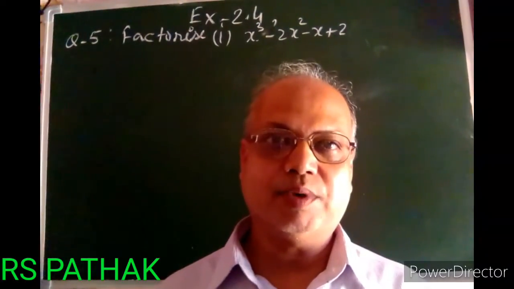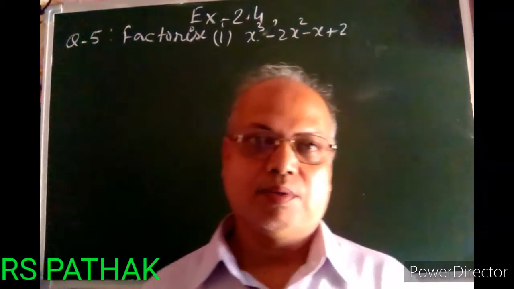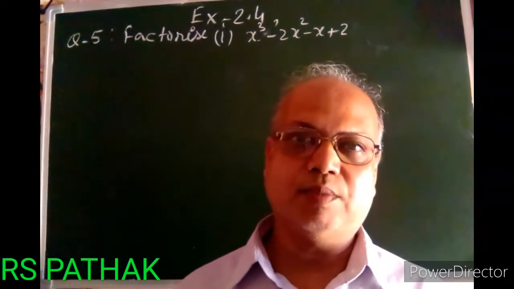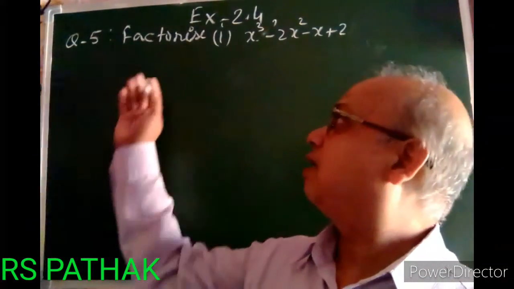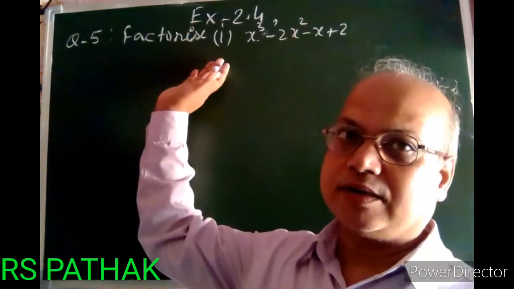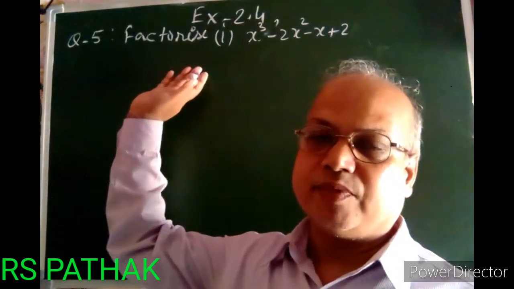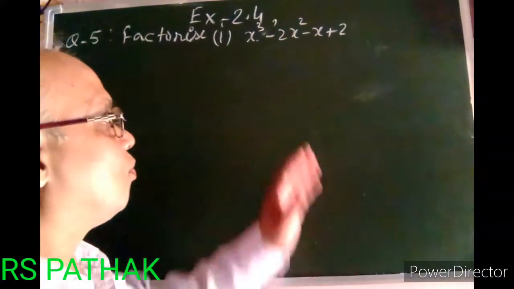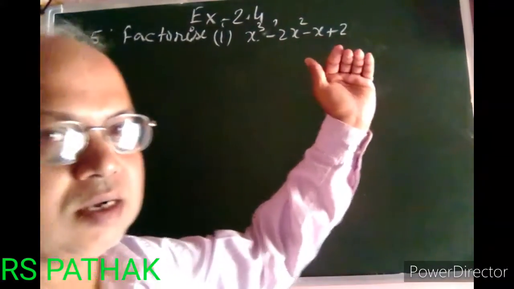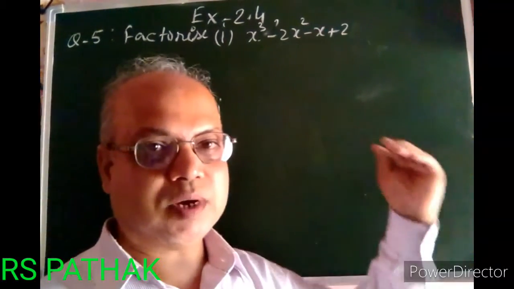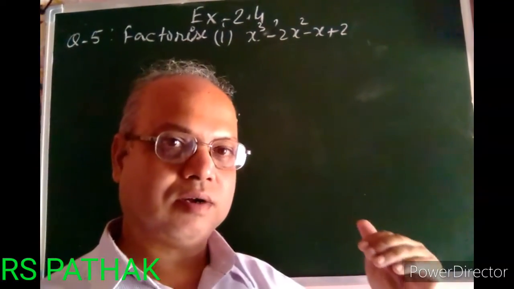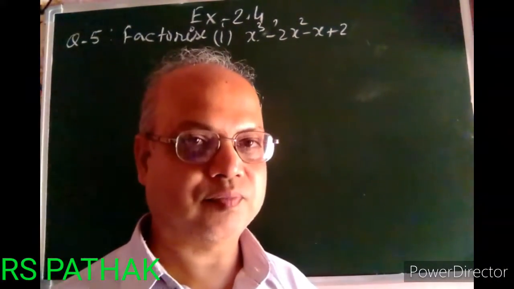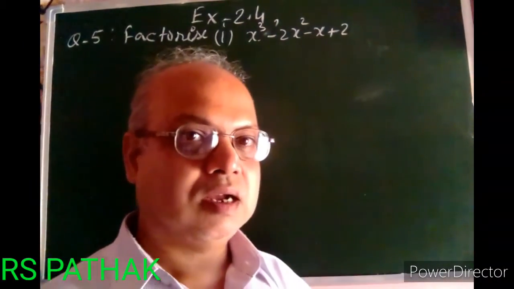Okay, let's start chapter 2, polynomials. From the NCERT book, exercise 2.4, question number 5 is factorize. You have to do this factorization by the remainder theorem. Remainder theorem means you put the value of x as x equal to 1 or x equal to minus 1, x equal to 2, x equal to minus 2, x equal to 3 or x equal to minus 3, and so on successively.